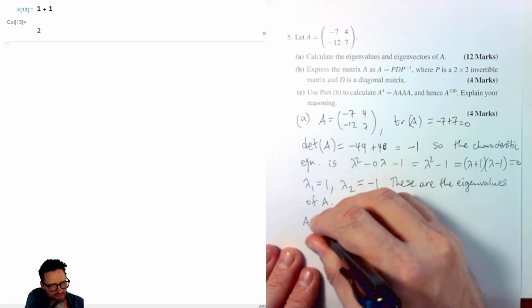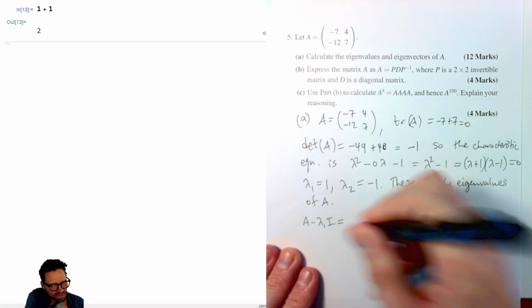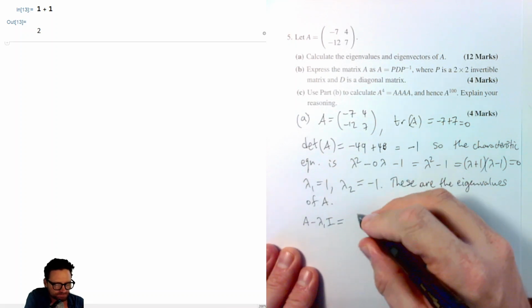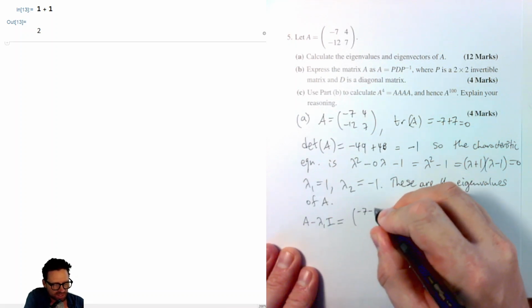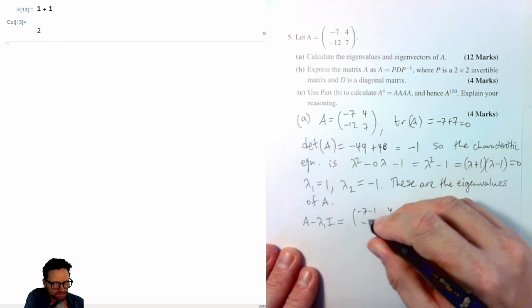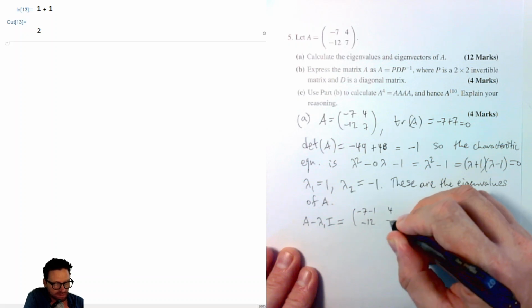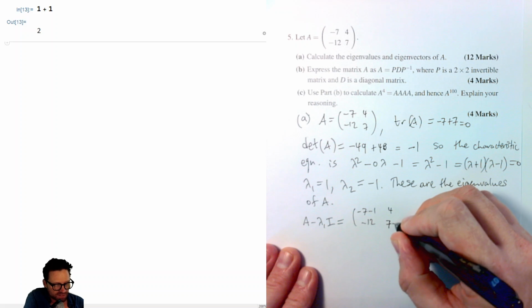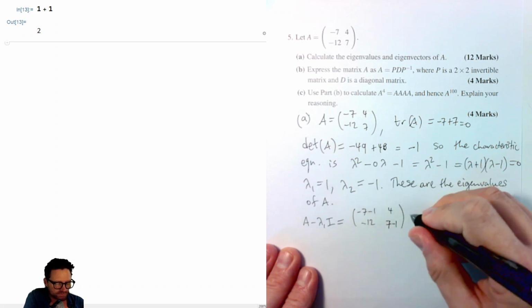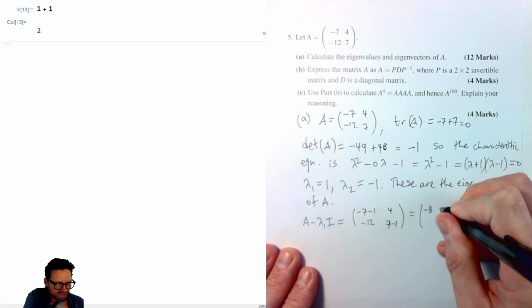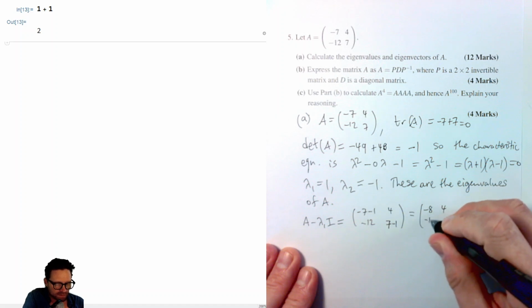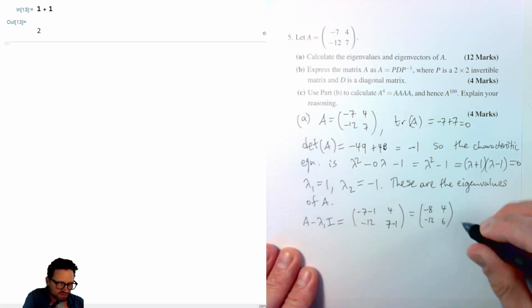So A minus lambda 1 I is equal to minus 7 minus 1, 4, minus 12, 7 minus 1, which is equal to minus 8, 4, minus 12, 6.